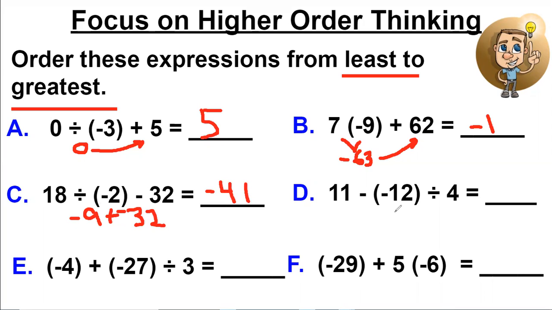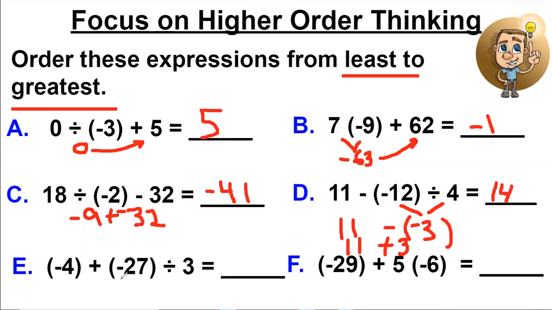The next one, don't forget order of operations, do division first, then comes adding and subtracting. So negative 12 divided by 4 is negative 3. So now we have 11 minus negative 3. How do we rewrite that? 11 plus positive 3. That would give us positive 14.